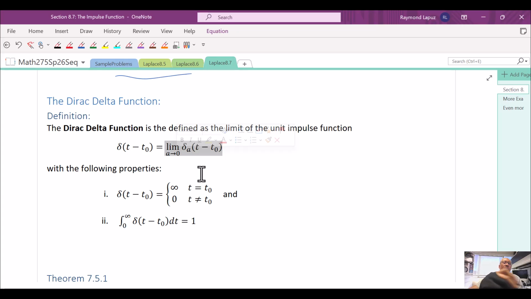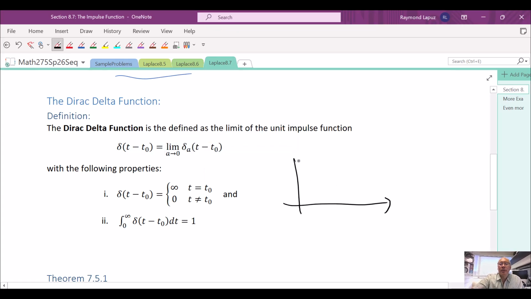It's kind of weird. Again, mathematically, it's kind of hard to describe, but it happens so much in physics that they decided to build the mathematics around this idea. So the idea is that it's going to be 0 everywhere except for this one single point. And at that one single point, you have something that just goes on forever.